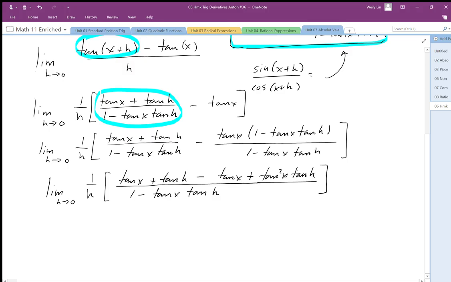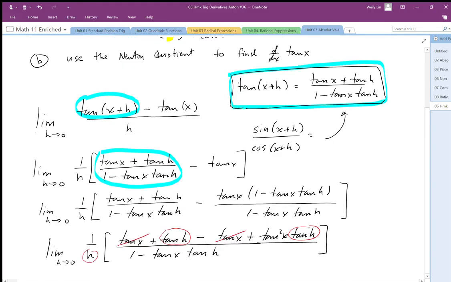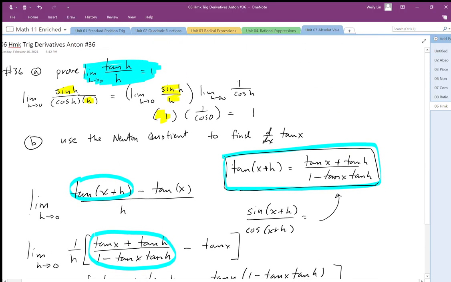We can see that some terms cancel out. This tan x and this tan x cancel out, and if I group this with this, and this with that, each over h, we actually have the identity that I established earlier.